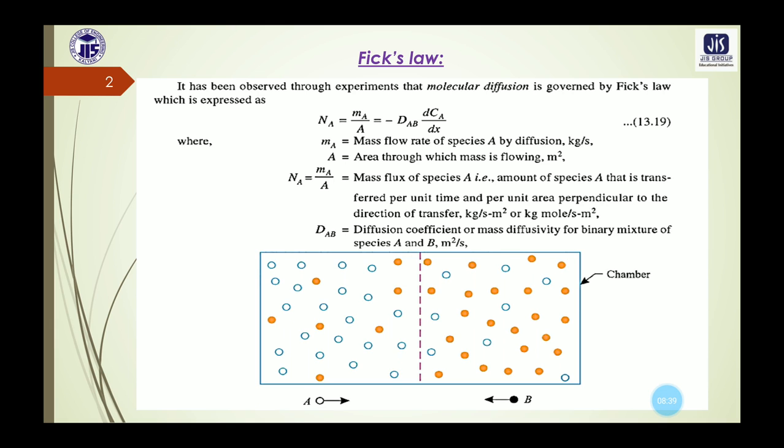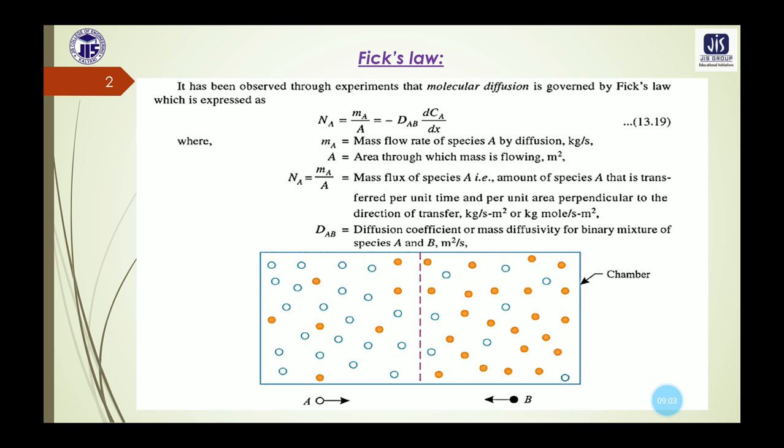Now the dashed line represents the partition wall in between species A and species B. When this partition wall is removed, a driving potential comes into existence, which tends to equalize the concentration difference.